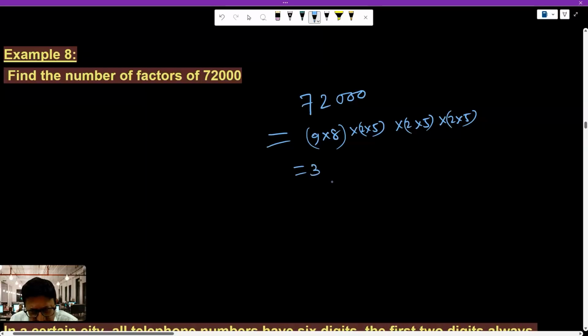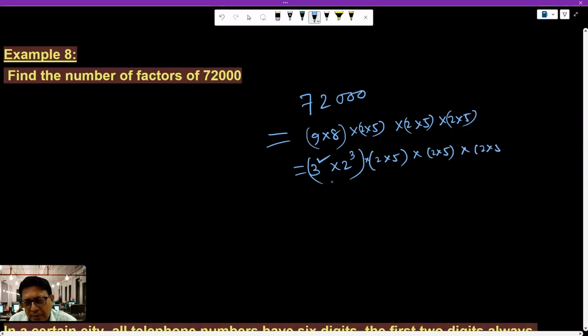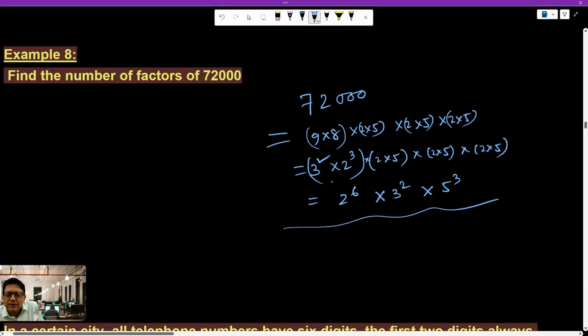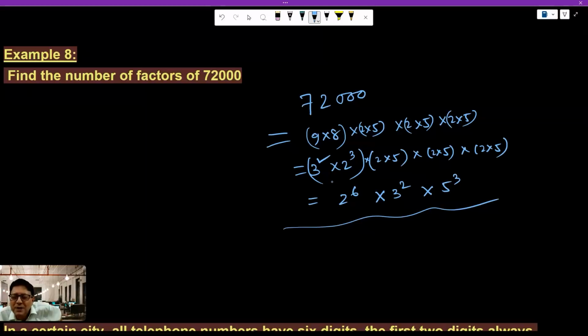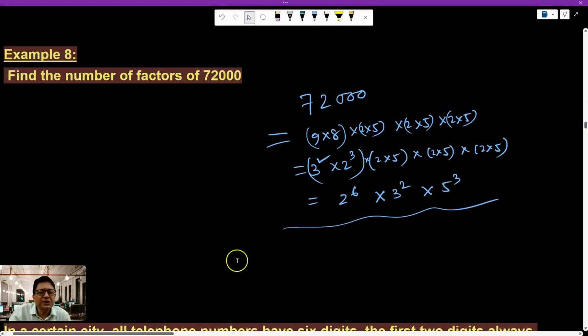So this is 3 square, 2 cube, 2 into 5, 2 into 5. So this will be what? 2 to the power 6, 3 how many times? 2 times. 5 cube. Clear? So 72,000 has prime factors 2, 3 and 5.